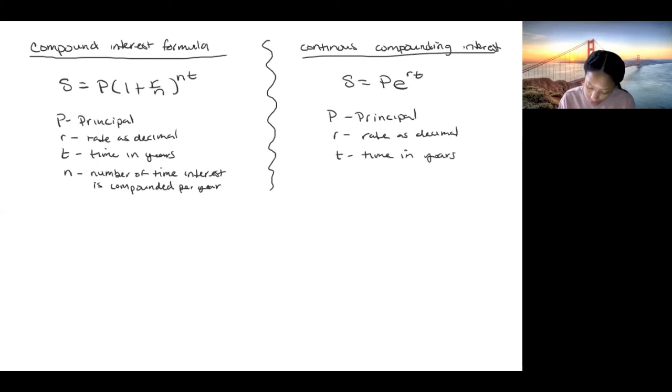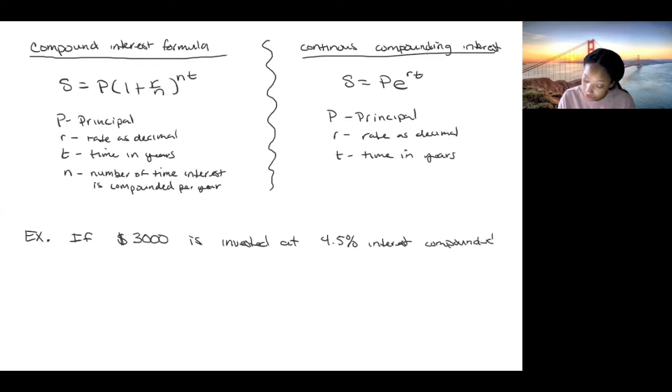So a quick example. Let's say $3,000 is invested at 4.5% interest, compounded quarterly.